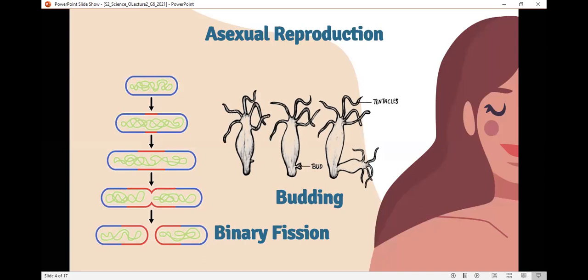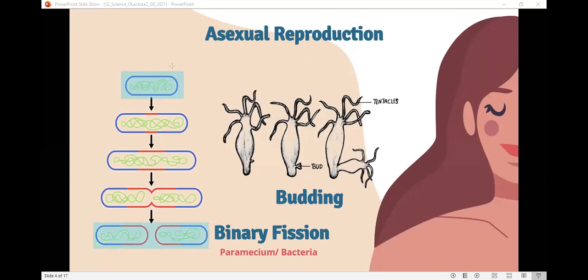Paramecium is one organism that reproduces by binary fission. A second type of organism: bacteria, thank you. Paramecium and bacteria reproduce asexually by binary fission. And as you all know now, by binary fission, one organism splits into identical daughter cells.